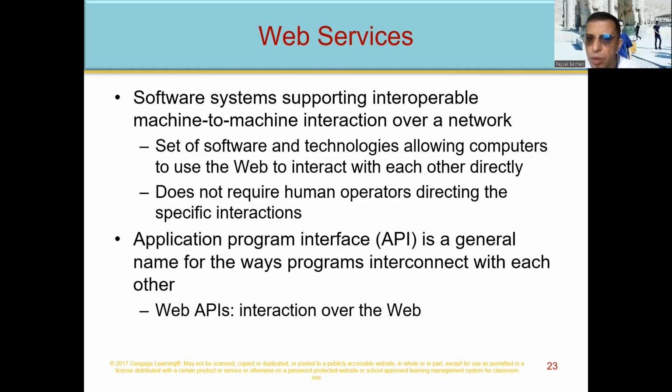It does not require direct human operation. You click and it starts sending automatically. And then you have APIs, or application program interface, which is a general name for ways programs interact with each other, with web APIs interacting over the web.